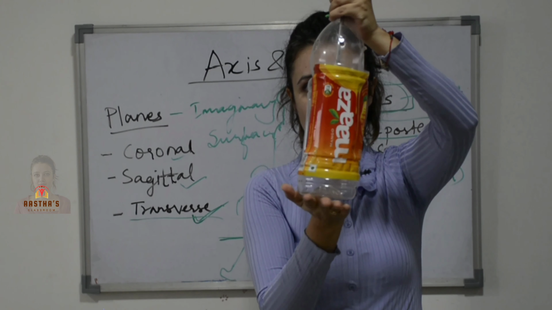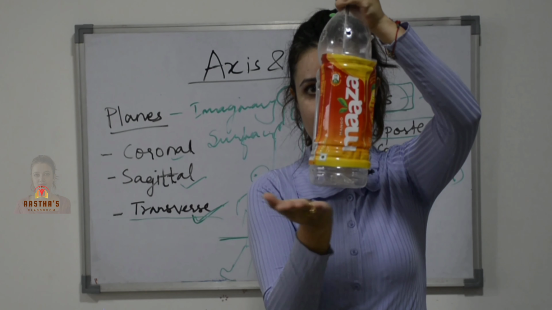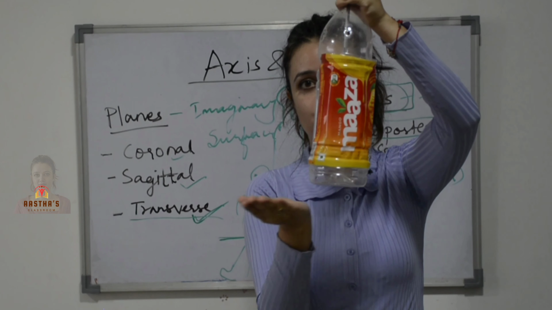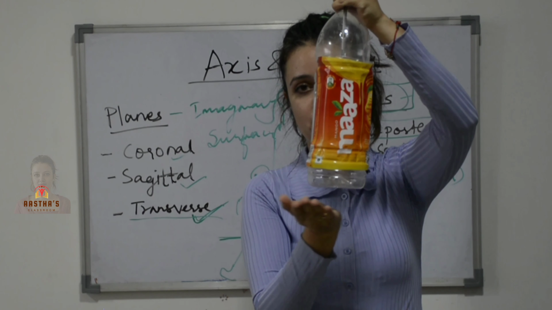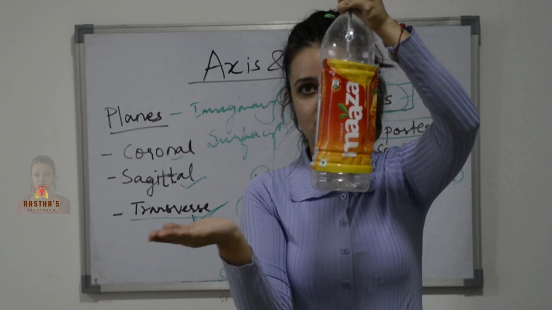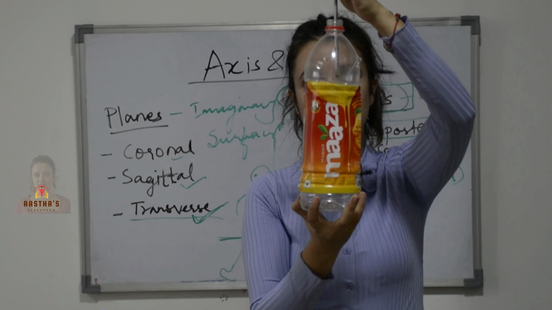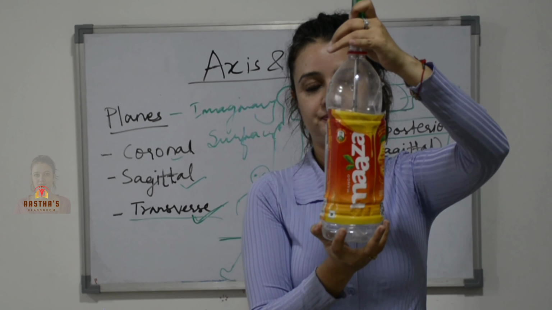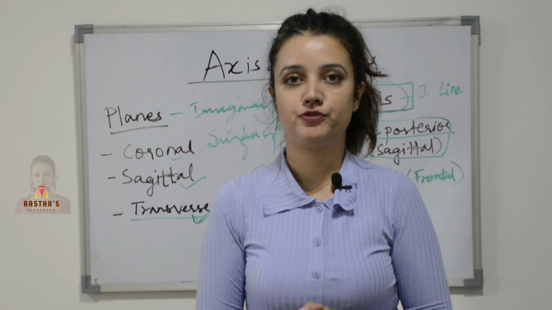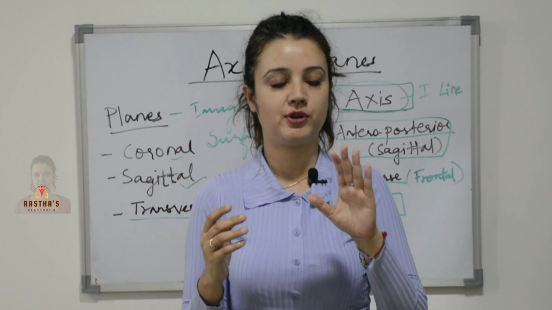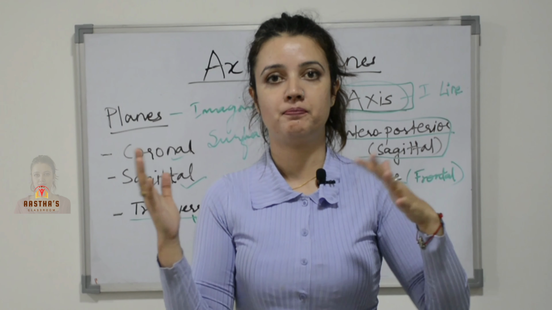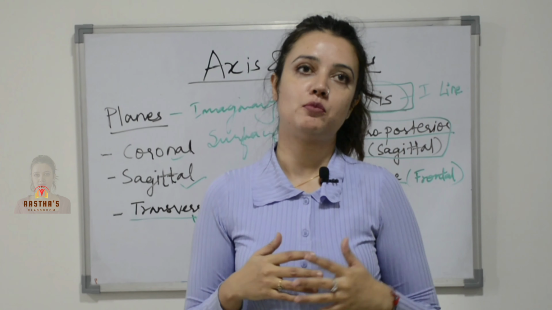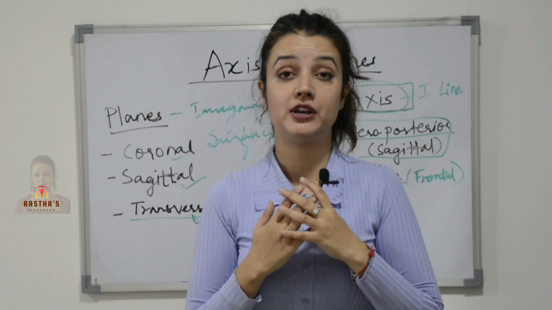So this is the transverse plane. The movement of rotation, external or internal rotation, occurs in the transverse plane and vertical axis. I hope that it's very clear to all of you. You can also, as I told you earlier, use your hands to make it out during an exam or viva or anytime you need it.